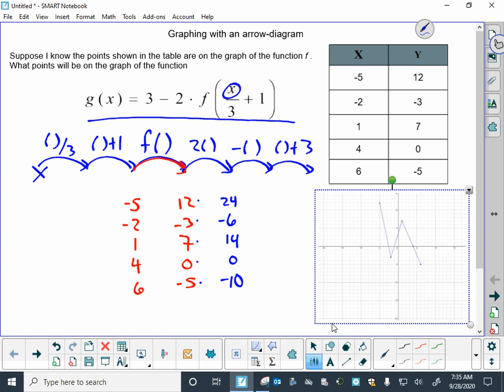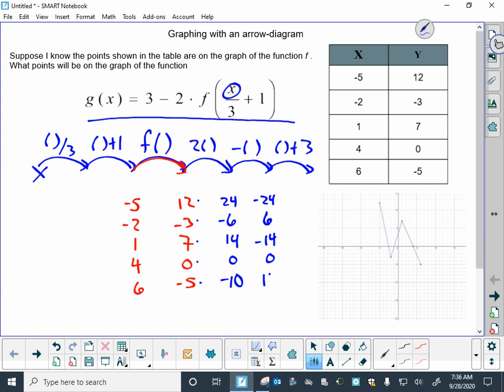The next arrow says change the sign on all of those, so that's a -24, that's a 6, that's a -14, should be an easy one to do, 0, and 10, and then finally it says add 3 to all of those, so that'll put me at a -21, a 9, -11, 3, and 13.